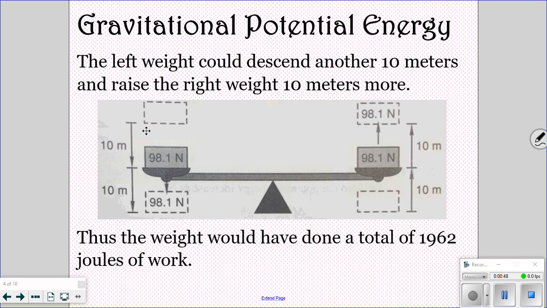And so then it would have done a total of 981 times 2, so 1962 joules of work. So that's how you have gravitational potential energy. You can have the potential to do energy just based on falling through the air.